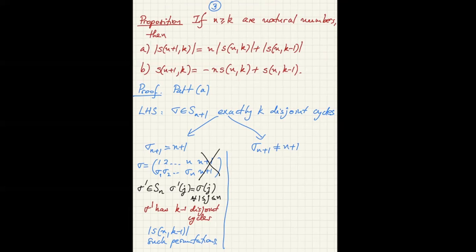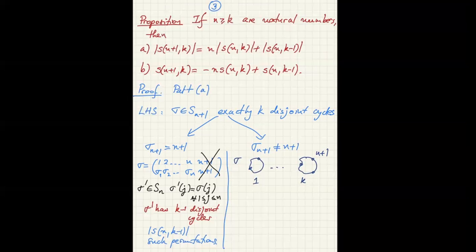What happens on the other side? Well, in this situation, our permutation sigma has a bunch of cycles, and n plus 1 is in one of these cycles. So it has 1, 2, 3, up to k cycles.